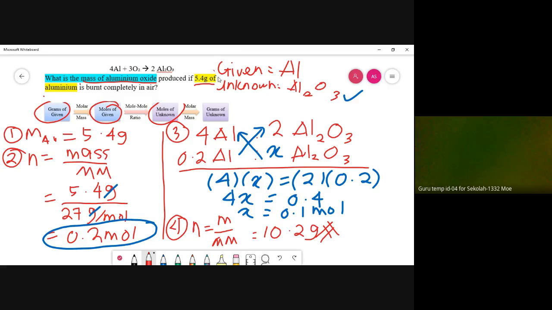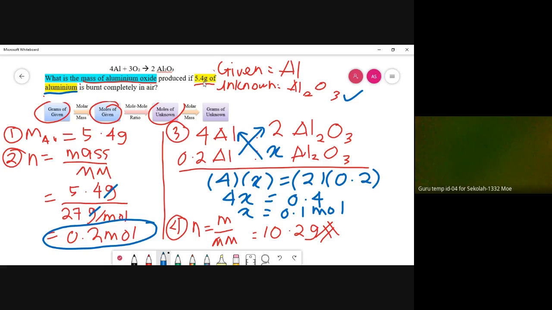As for this question, our given is aluminium. Kenapa aluminium? Sebab soalan dah bagi kita 5.4 gram of aluminium. So nampak ni kat sini first step Zarif, mass untuk aluminium adalah 5.4 gram.